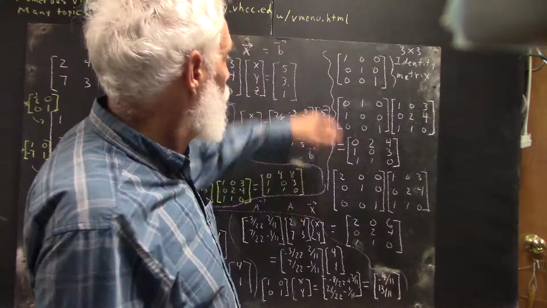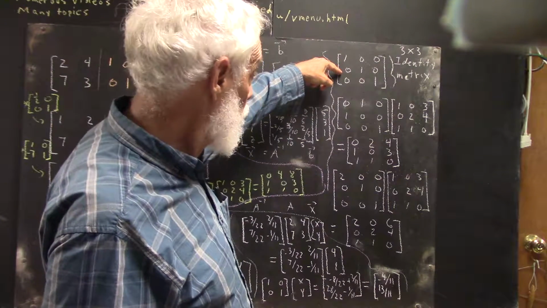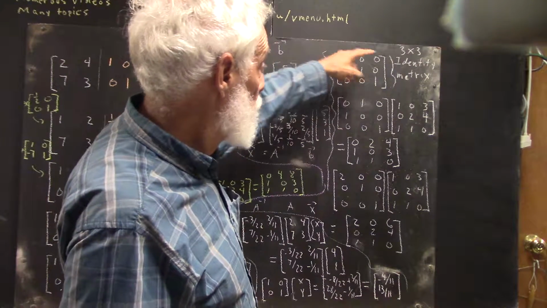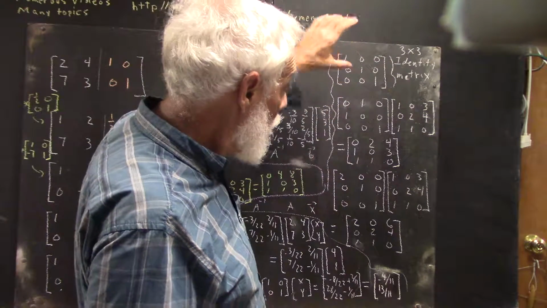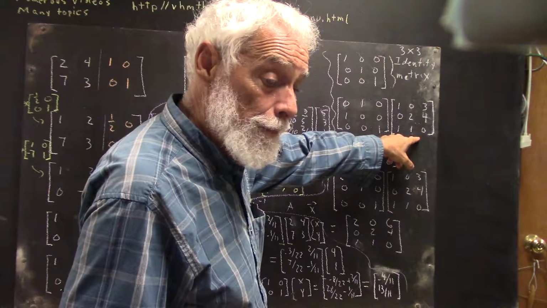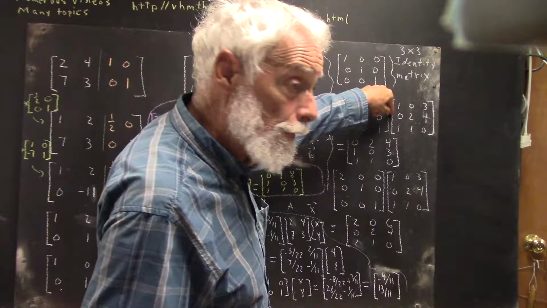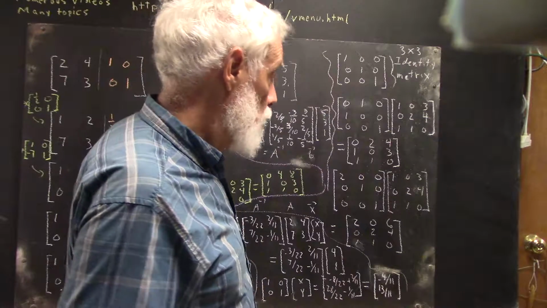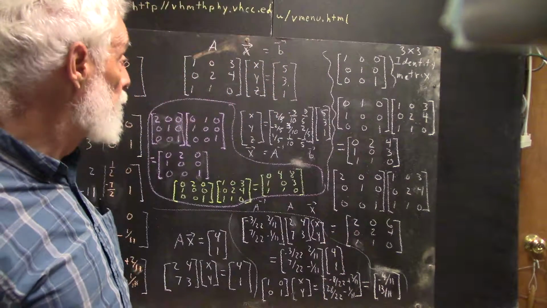If I add 4 times the first row to the second here, what am I going to get? Well, I'm going to get a 4 here. It's going to be the same as this matrix, except I'll have a 4, 1 here. If I multiply that matrix by this one, I'm going to get what I would get if I added 4 times this first row to the second. So you should write that down and think about it, but that's how it works.